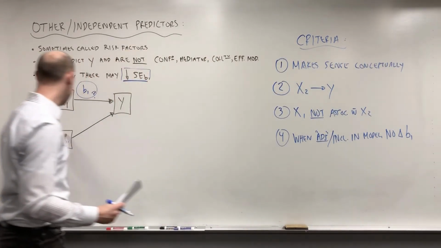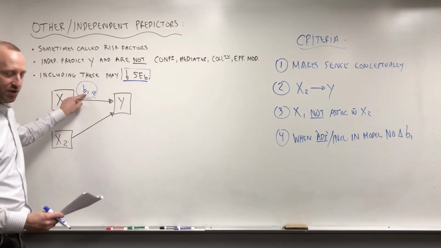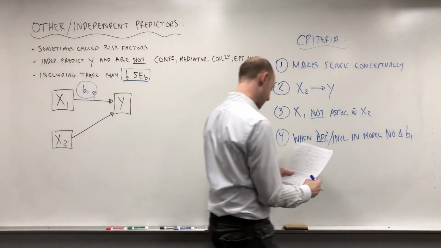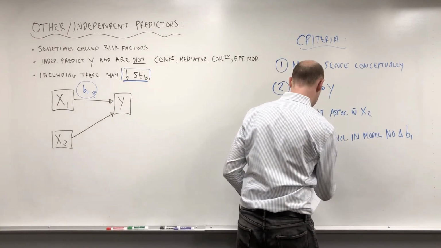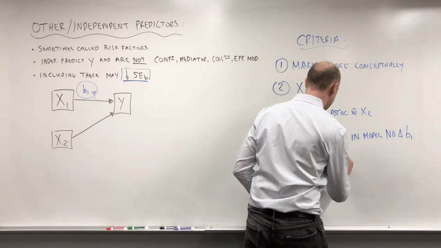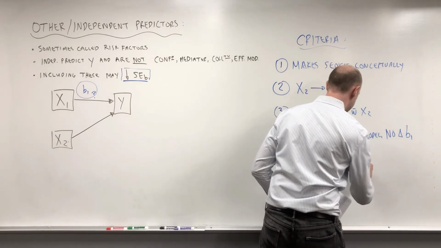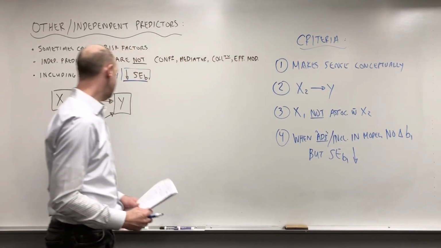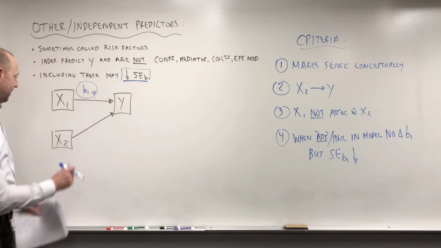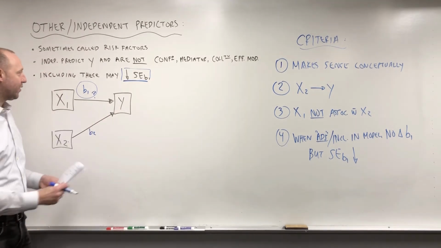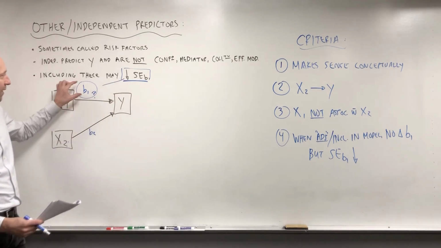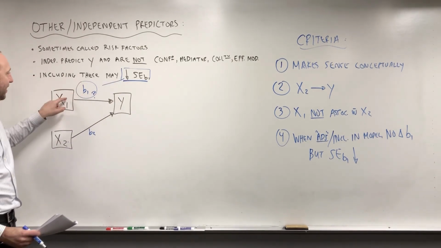If these are not associated, B1 should not really change much. But the standard error for B1 decreases. Again, conceptually, if x2 is a good predictor of the outcome, we're going to get a more precise estimate of the effect of x1 on the outcome.